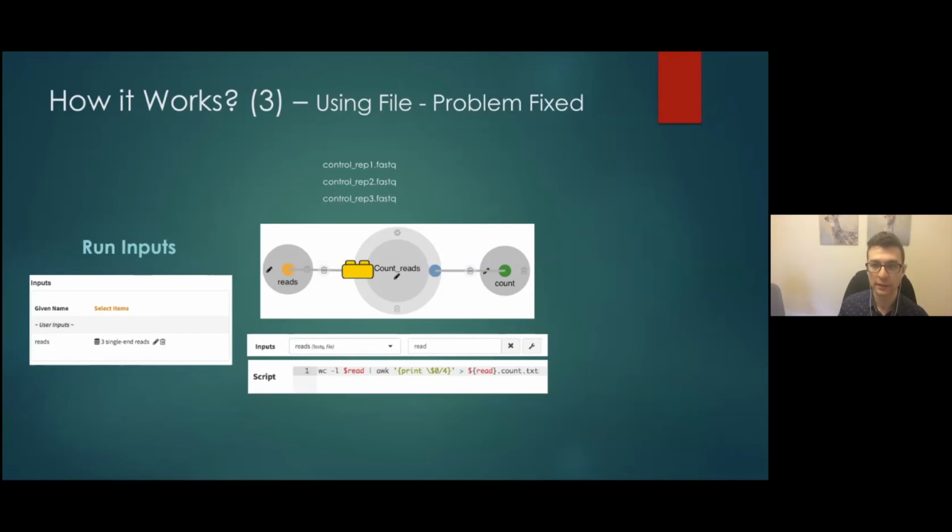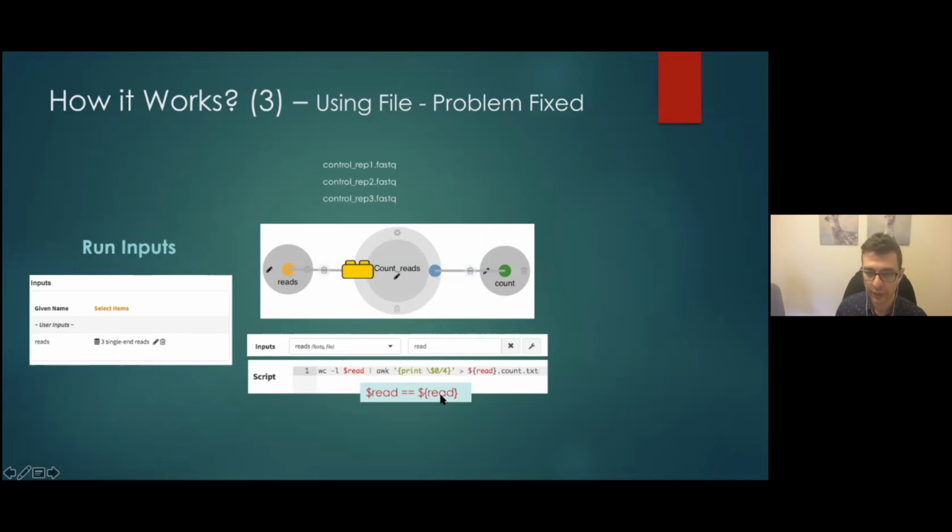So let's check our solution. Over here, since this read has this name, which belongs to that file name, control_rep1.fastq, you can use this overall name in the output file name as well. So over here, you can see that I chose to use these curly brackets for the reads.